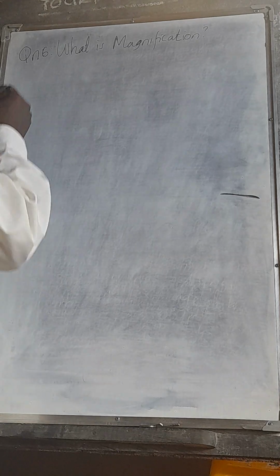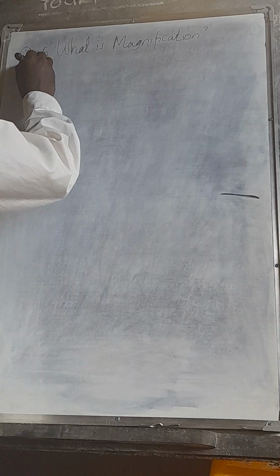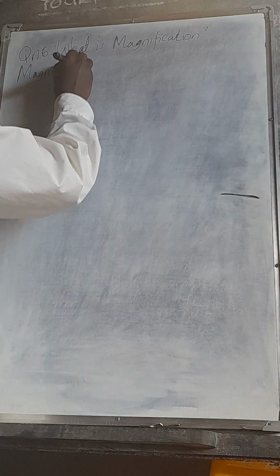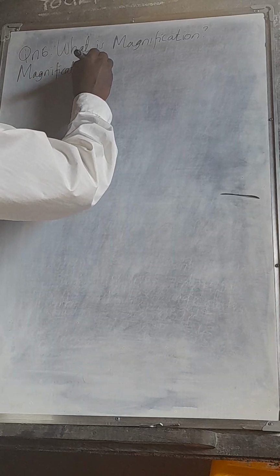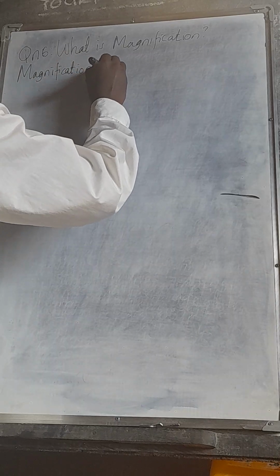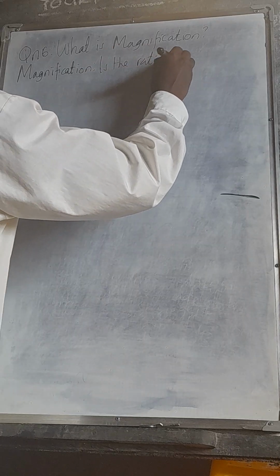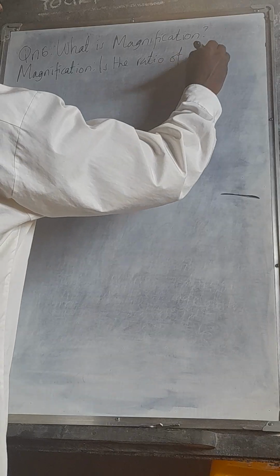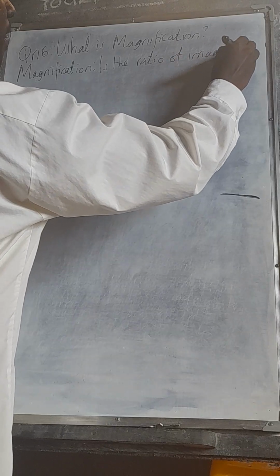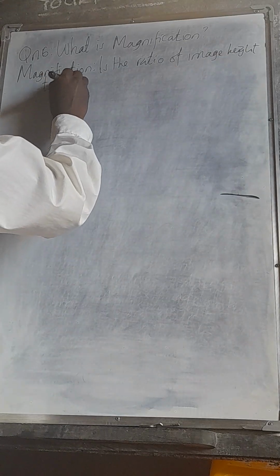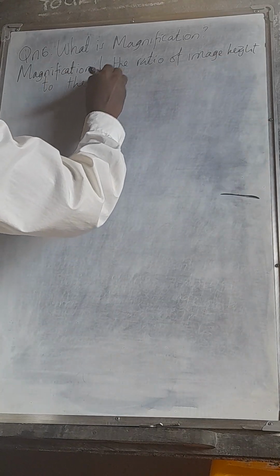So this is the first definition. You can say magnification is the ratio of image height to the object height.